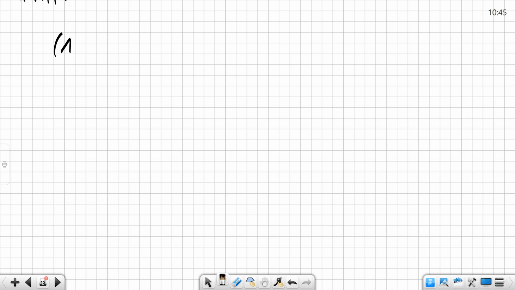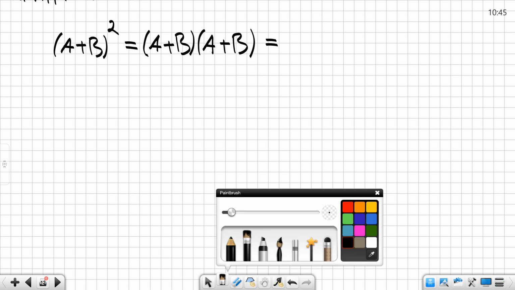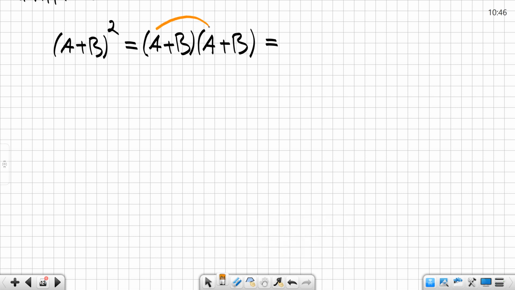So if I have a plus b squared, then a lot of times I still see this, a plus b times a plus b, which is correct. But we are developing a formula, and I do not need to write it down that way afterwards anymore. If I FOIL this out, the product of the first, the product of the outer, the product of the inner, and the product of the last, then what I will get is this.